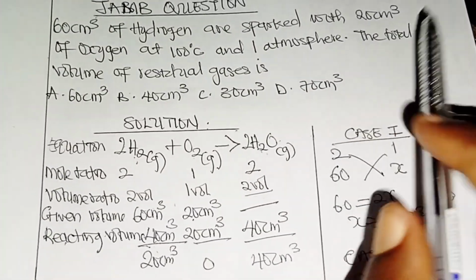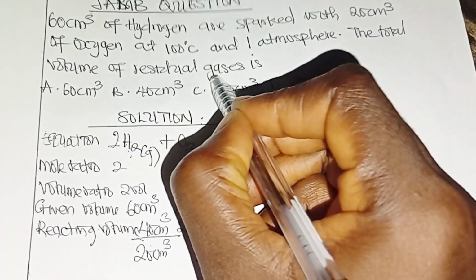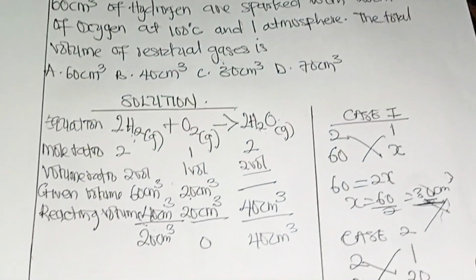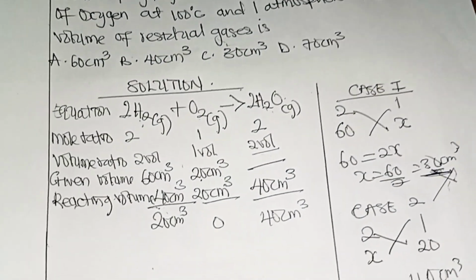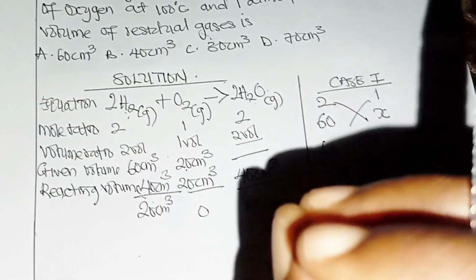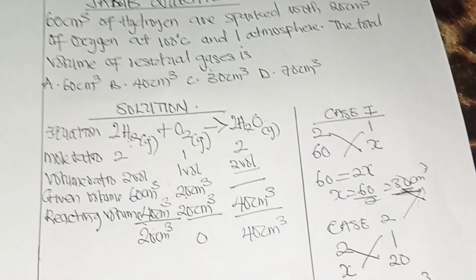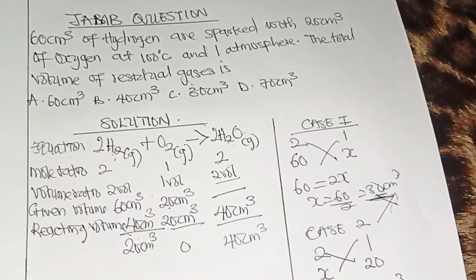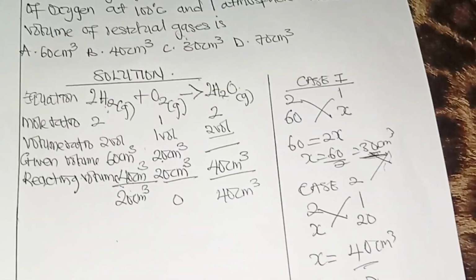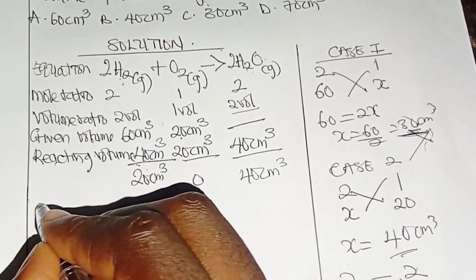What's the question? Total volume of residual gases. Gases, not one gas. And how would you get the total volume of residual gases? Volume of the products plus volume of the unreacted gas.